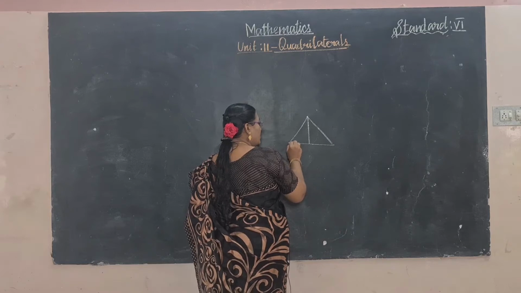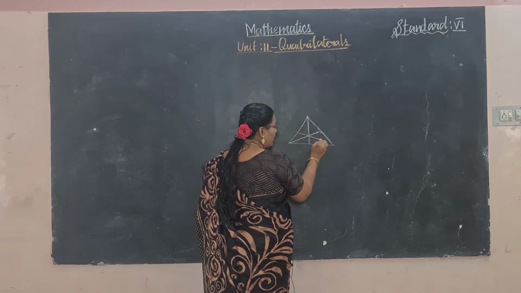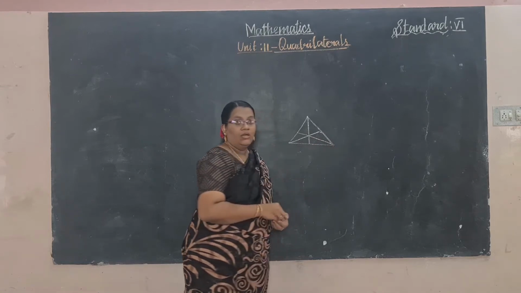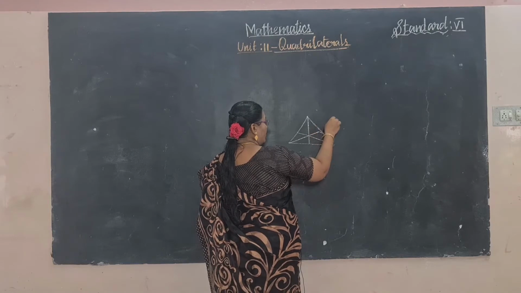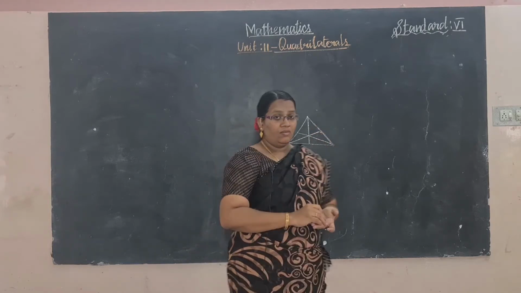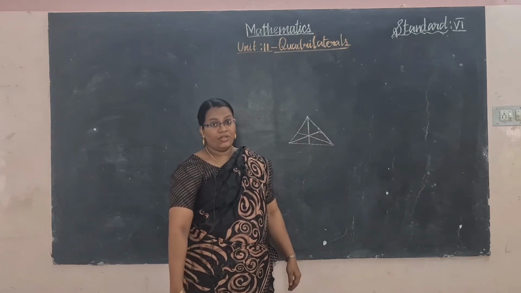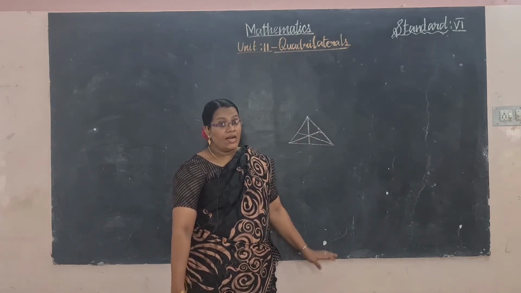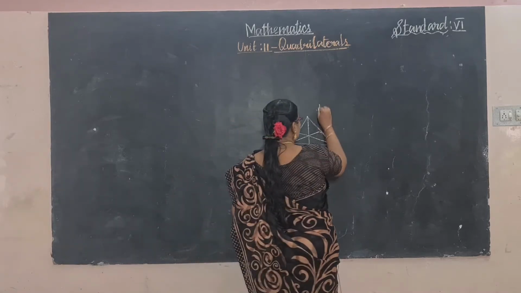From this vertex we have drawn one perpendicular, and here we have drawn another perpendicular. This is called the altitude. So the perpendicular from the vertex to the opposite side is called the altitude of the triangle. And the next concept, median.